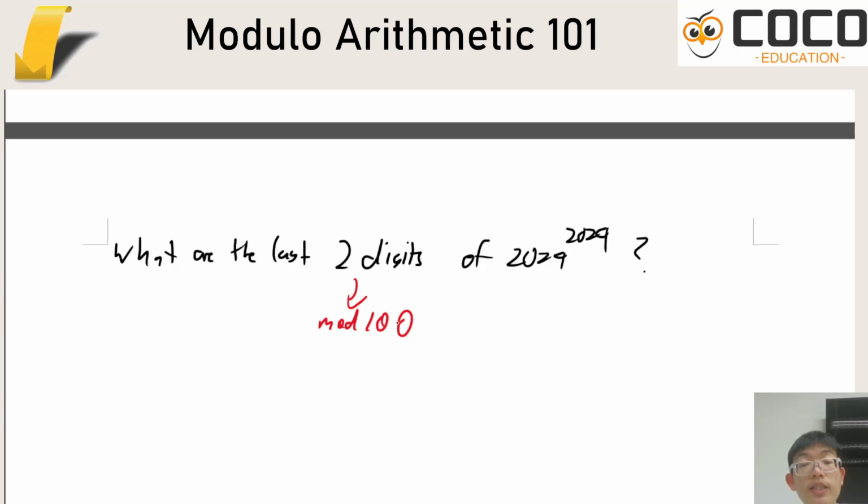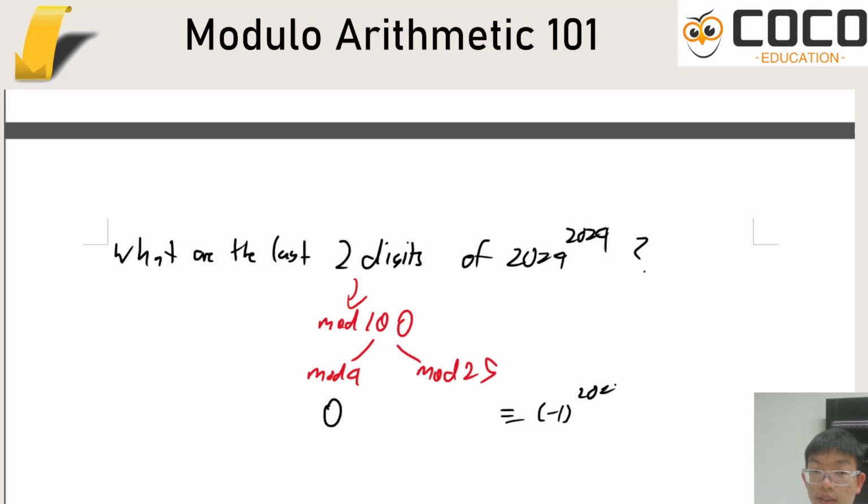So I cannot say mod 10 and mod 10, because if I ask you for the last digit 2 times, that definitely does not give me the last 2 digits. So you split it up into 4 and 25. In other words, I'm going to get the information of what is this mod 4 and what is this mod 25. Now it turns out that both of these are easy to answer because 2024 is a multiple of 4. So it will be 0 mod 4, and 2024 is congruent to negative 1 mod 25.